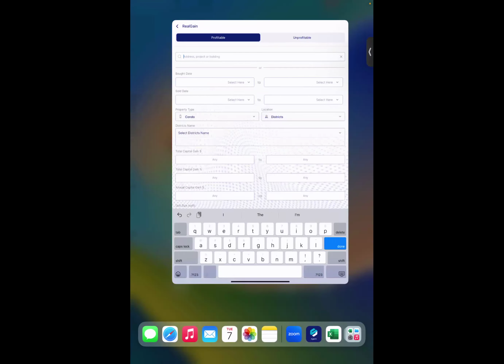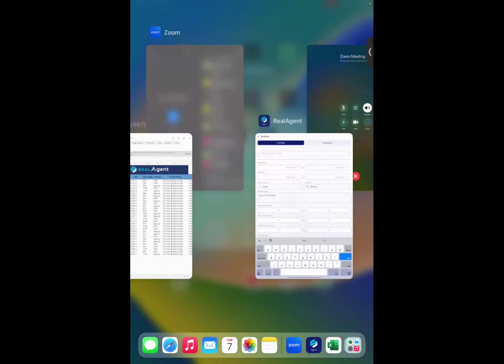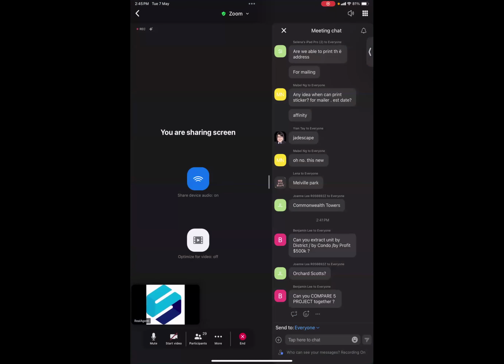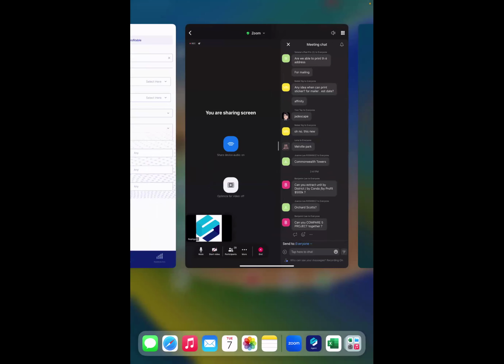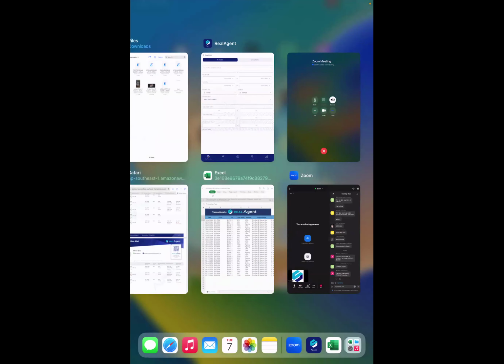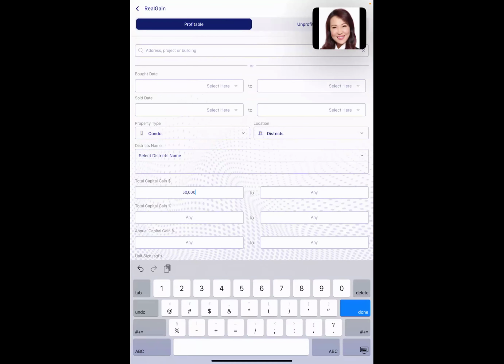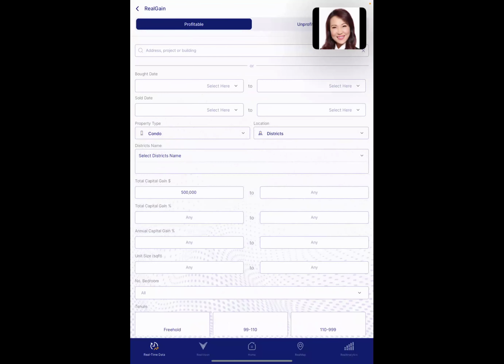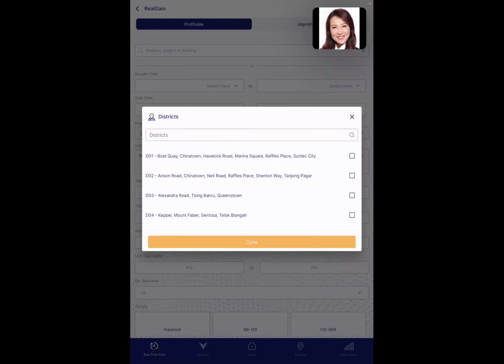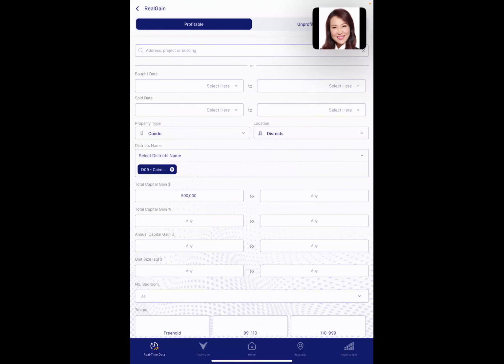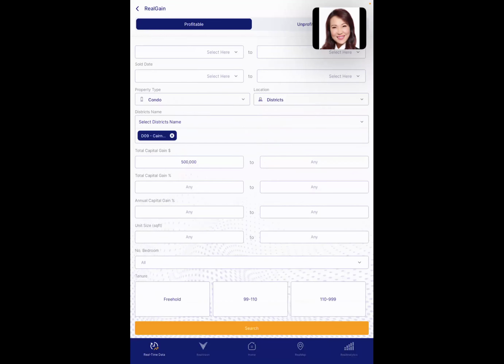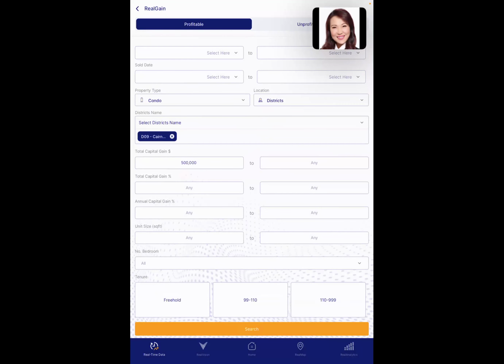So I don't put in the address. I select by district, district 9, 500K to any, total capital gain. And then I just search.